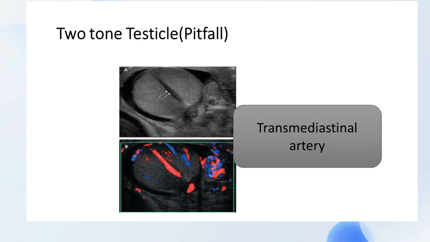The hypoechoic line is not a tear of the testicle; it is just the artery. How do you make sure this is not a tear? You put color, and the transmediastinal artery fills nicely like this. This is a confirmation that this is not a fracture site.